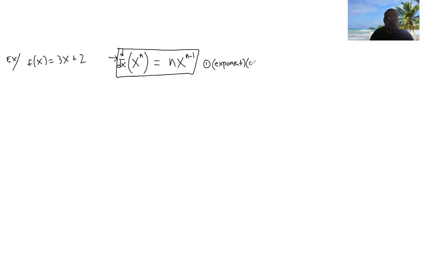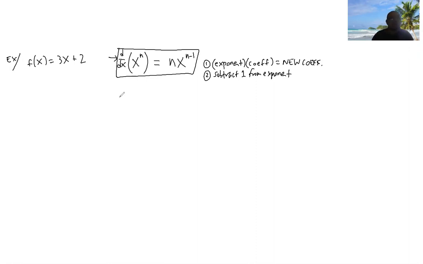Multiplied by the existing coefficient. This is going to give you your new coefficient, right? And the second step is you're going to subtract 1 from your exponent. All right, so go ahead and give that a try.